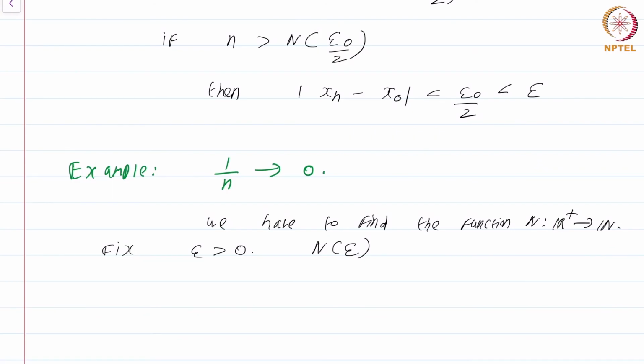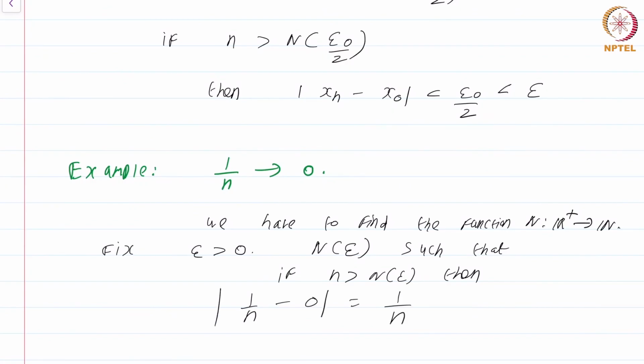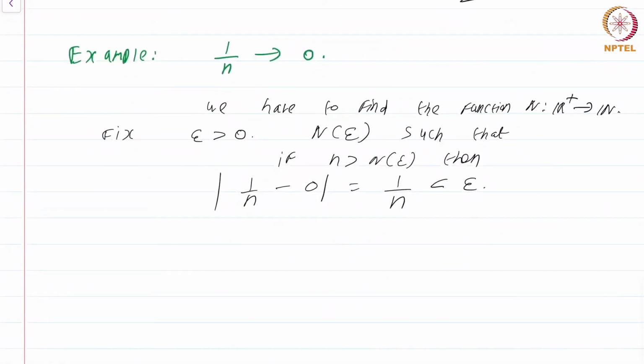We have to find an N epsilon such that if small n is greater than N epsilon, then 1 by n minus 0, which is just 1 by n, must be less than epsilon. I have to find some value N of epsilon such that this is satisfied. How do I do that?